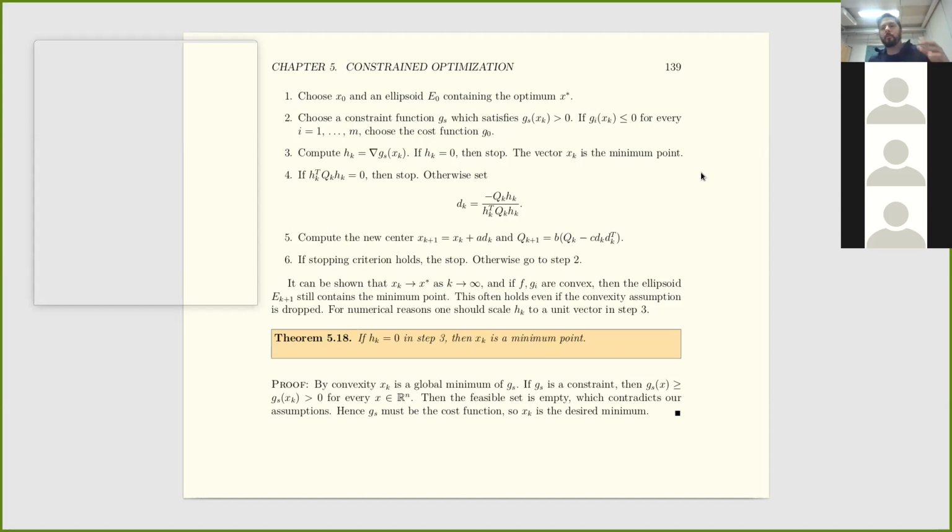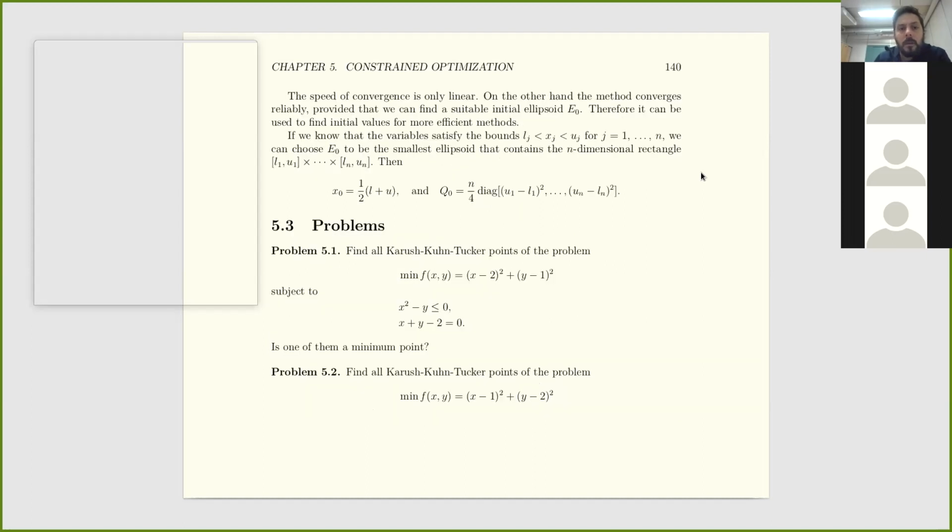So whenever we are on the outside, we are pushing the center of the ellipsoid towards the boundary point, towards the feasible region. If we are within the feasible region, we're always pushing the center of the ellipsoid towards the direction where the function itself becomes smaller.